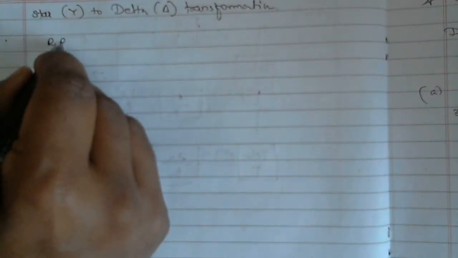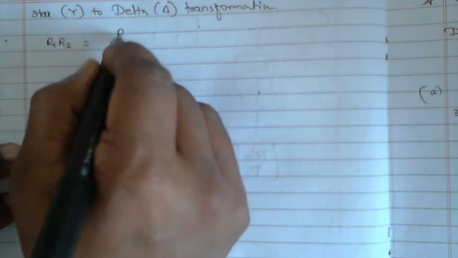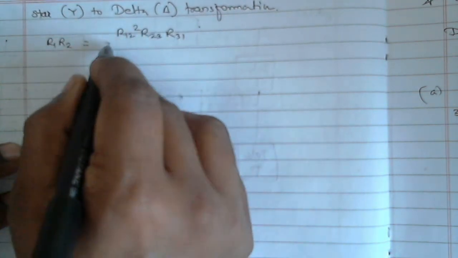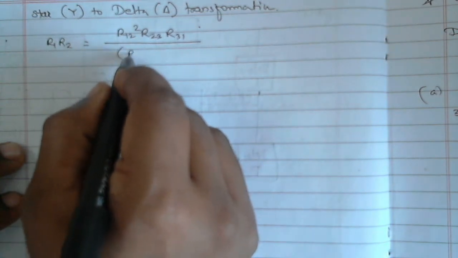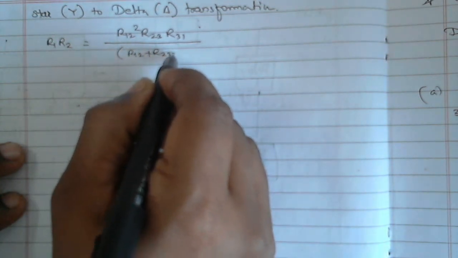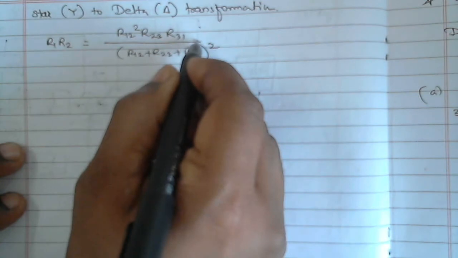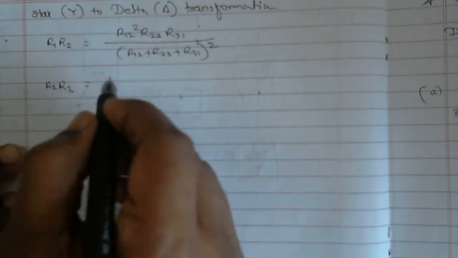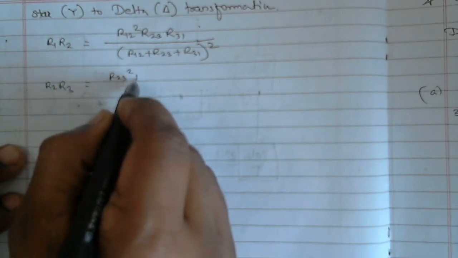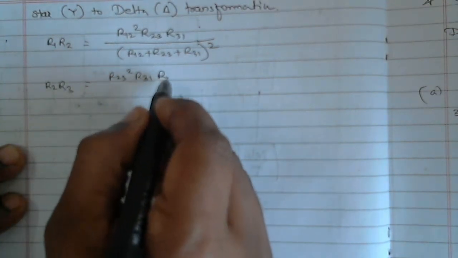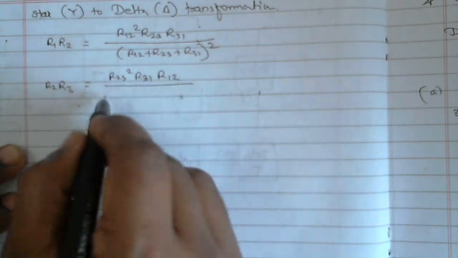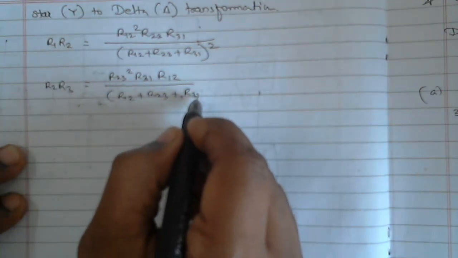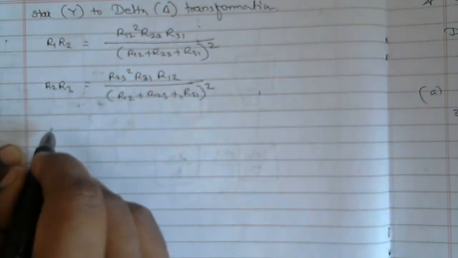R1 R2 will multiply on the left hand side, so the right hand side will be multiplied, that is R12 squared into R23 into R31 divided by, the denominator is the same, no, R12 plus R23 plus R31, squared. Similarly, I will multiply R2 and R3, and it will be R23 squared into R31 into R12 divided by R12 plus R23 plus R31 squared.